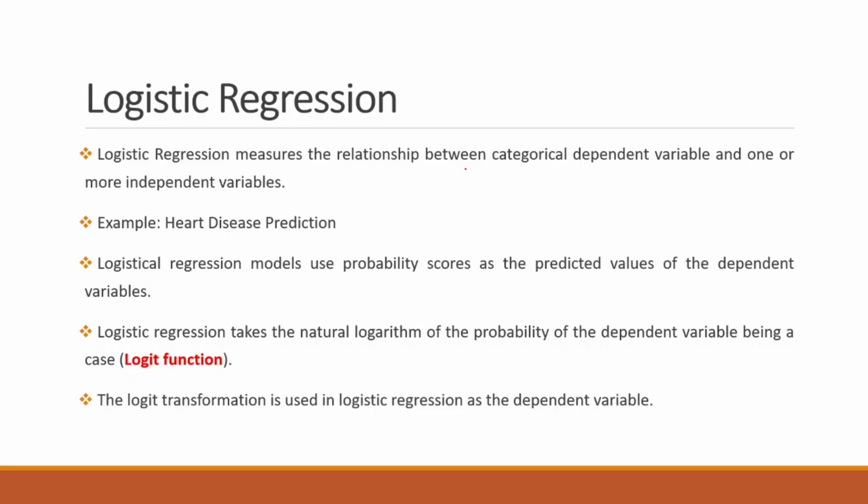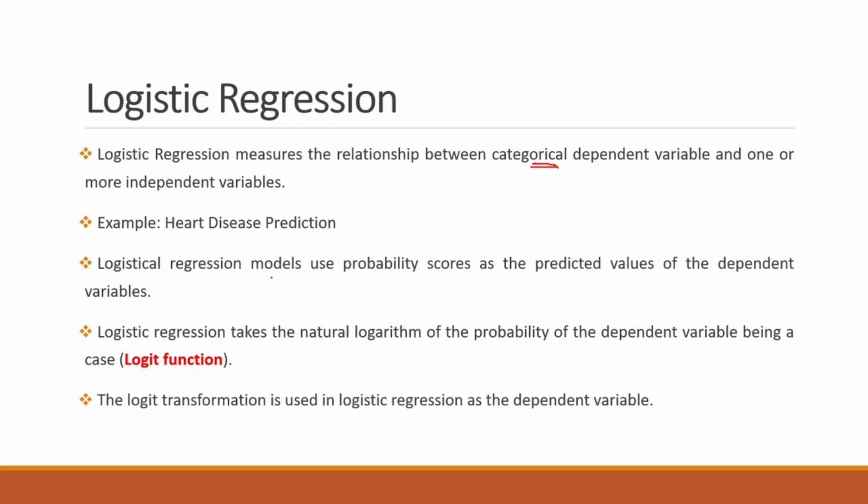But logistic regression is used to find the relationship between a categorical dependent variable and one or more independent variables. So it can be used in classification problems. Example, heart disease prediction, predicting whether the person has a heart disease or not, or other classification problems like determining whether to approve a loan to the applicant or not. Such problems can be solved using logistic regression.